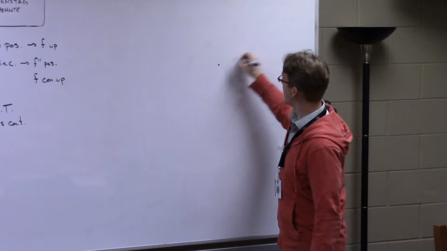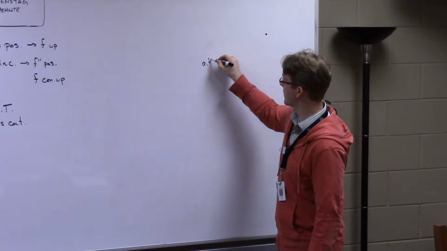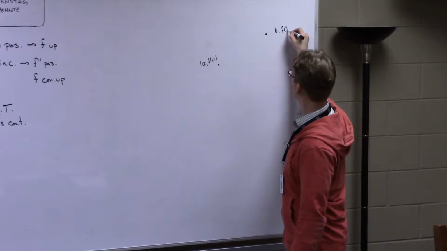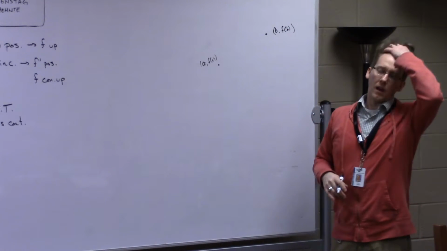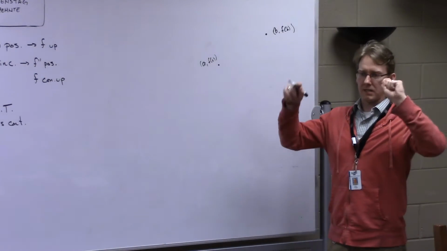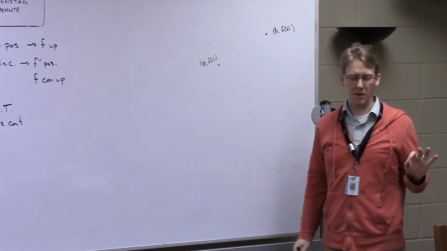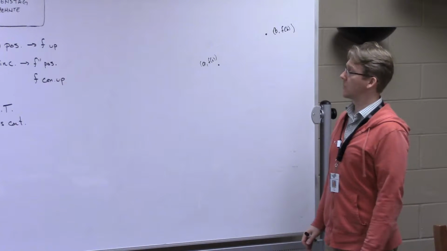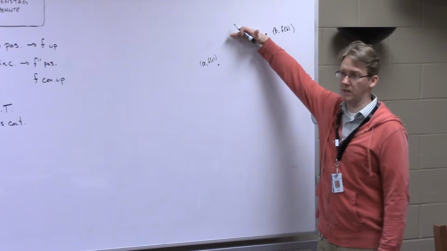If you have point A, f of A, and point B, f of B, and it is continuous, meaning I can get from point A to point B without picking my pencil up, then I attain every single value between here and here.